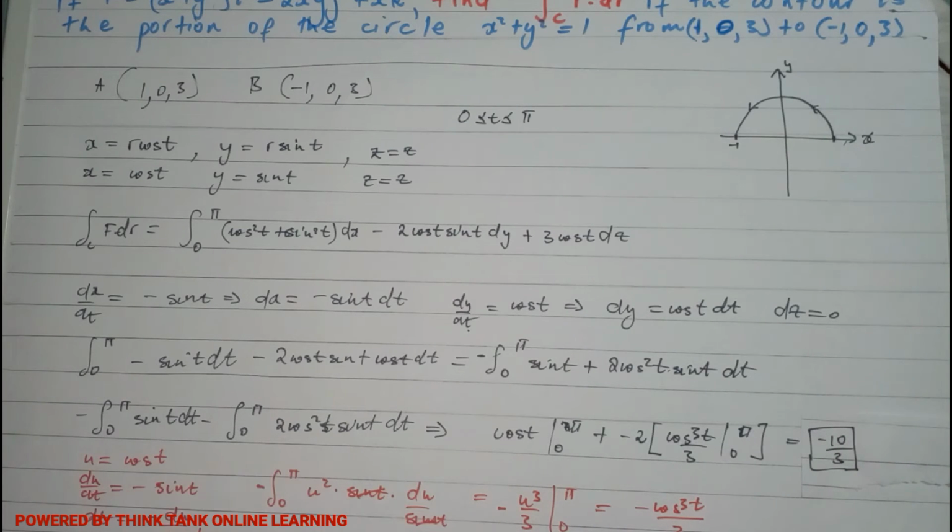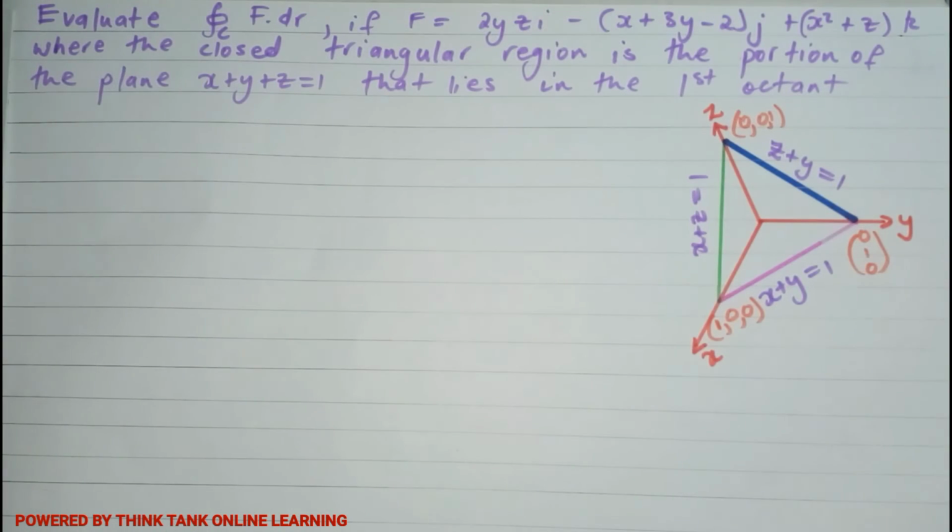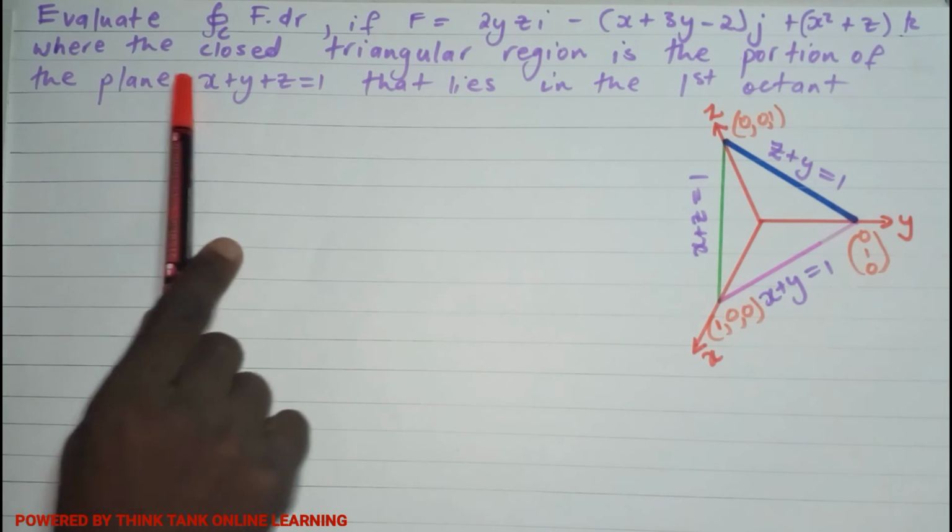Okay, now we're going to the next question, which is a more advanced one like this. This is another question, but in this case we have a closed path. I think you should just master this because you're going to use this information especially in verifying Stokes' theorem. Now this thing is in the first octant, and we're given the equation of the plane.